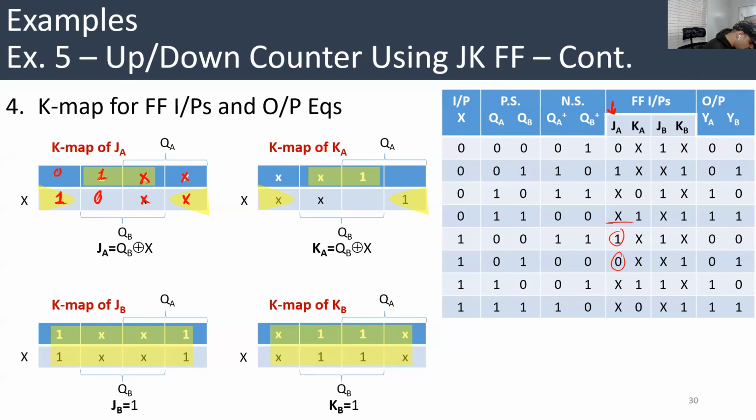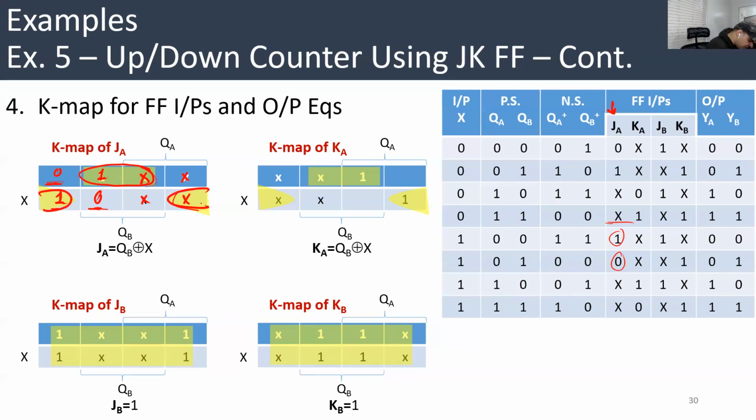So let's group here. This one has 2 adjacent zeros, this 0 and this 0, but it has X here. So you can consider this X as 1 and make a group. That one here also has 2 zeros as neighbors, and this neighbor, remember, the Karnaugh map is rounded, is X, so you can consider it as 1. So you have another group here.